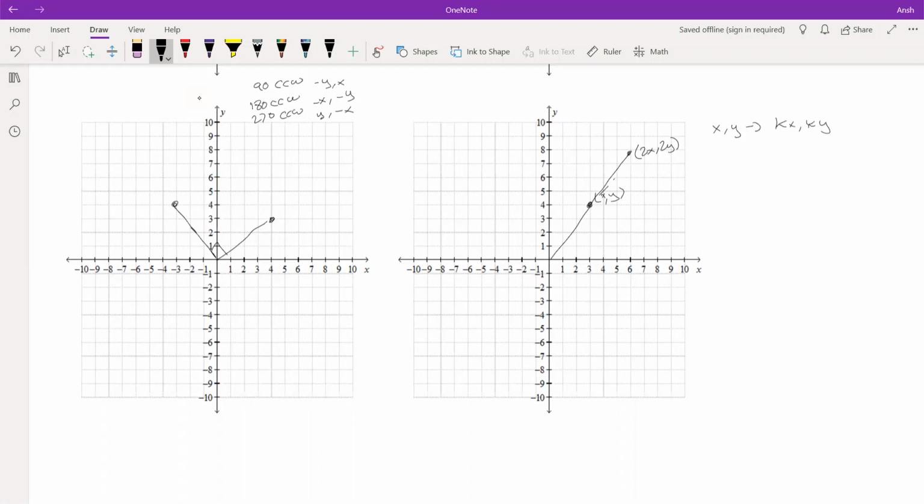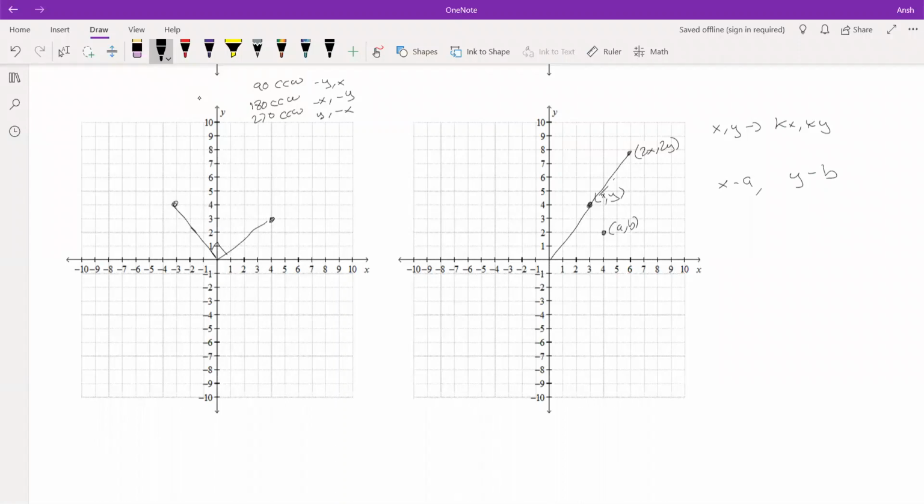We can also extend this to a general point of dilation by translating. For example, if we want to dilate around some point (a, b), first we translate the overall coordinate plane so that (a, b) appears to be the origin. So a is subtracted from x, and b is subtracted from y.